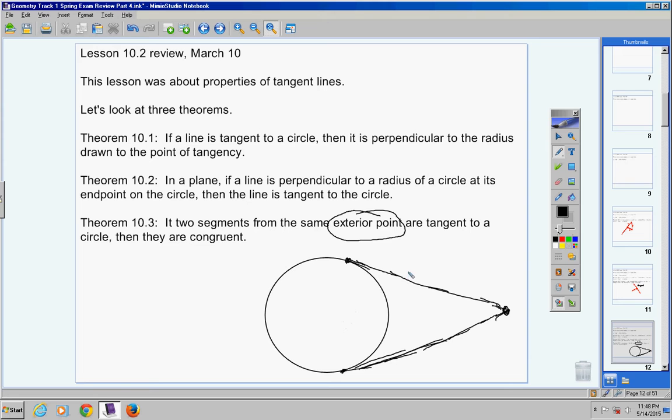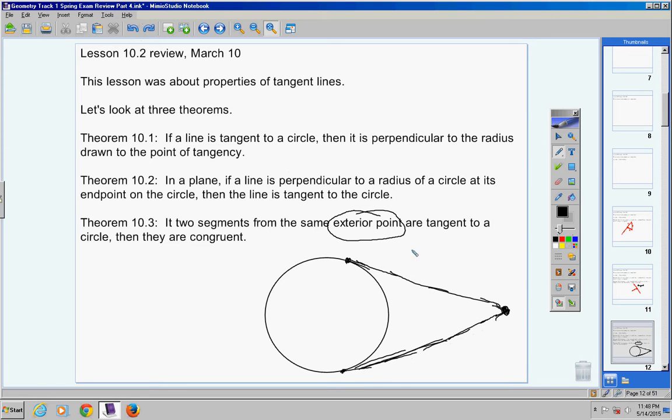Got it? We're going to call it, what was this segment right here and this segment here. If they're both tangent to the circle, which they are, and they come from the same exterior point, then the length of this segment here will always be the same as this length right here.